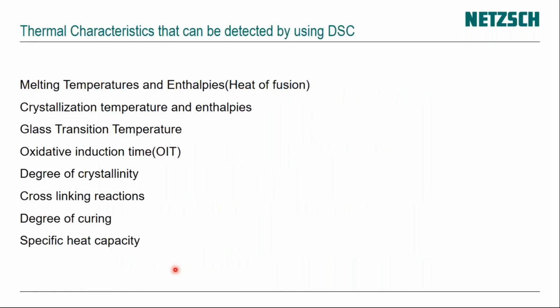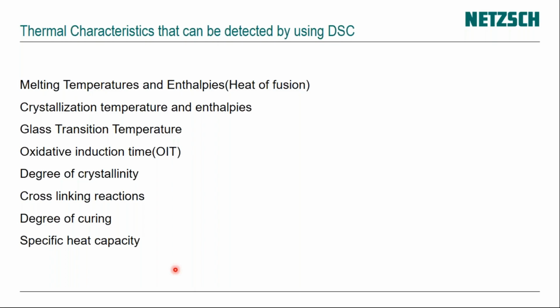Okay, so thermal characteristics that can be detected by using a DSC: as I told you, the melting temperature, which is one of the most critical parameters which we want to characterize for any kind of polymer, the heat of fusion. We also study the crystallization temperature and behavior, and the glass transition, which is called the Tg of a polymer sample.